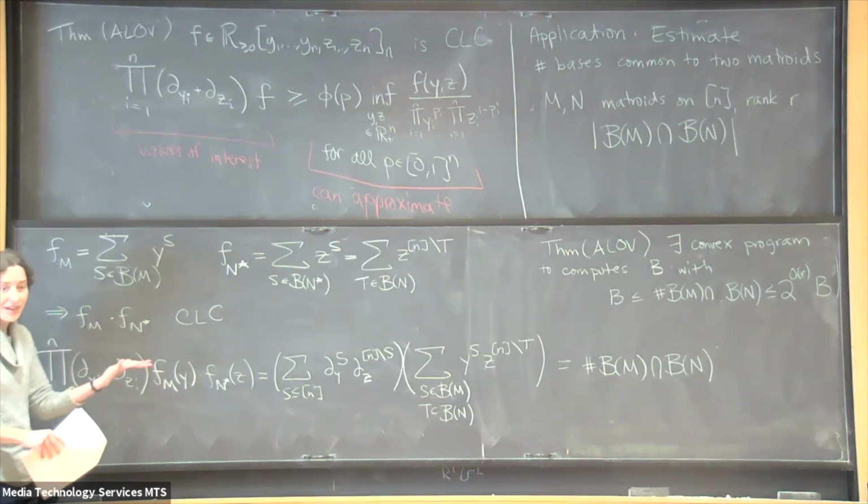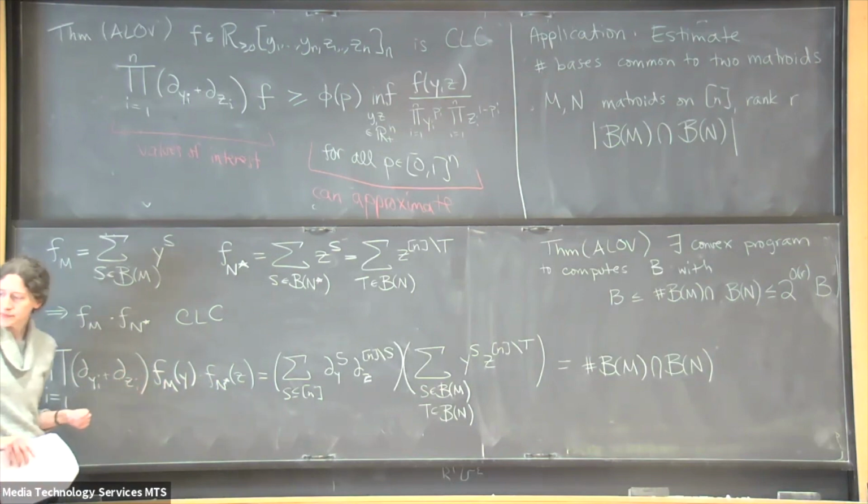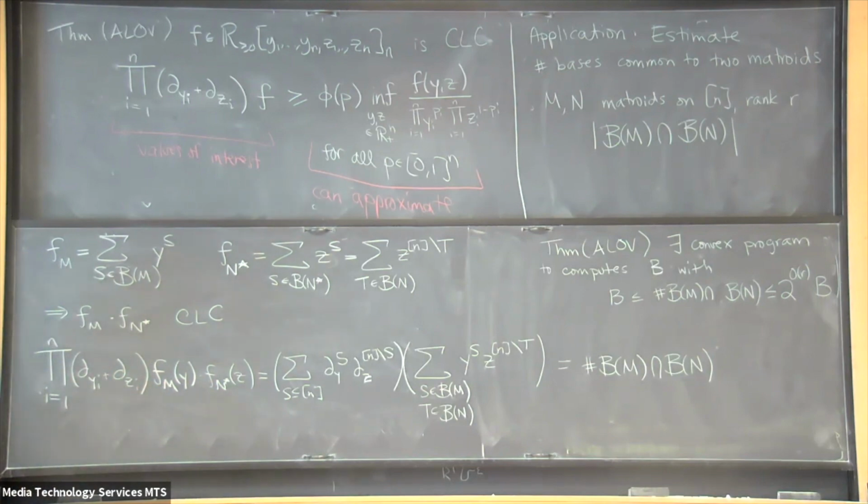More than just plugging in all ones, which will count the number of bases, one can also do more elaborate things. Okay. So that's what I wanted to do in the first part. Can we take a break?